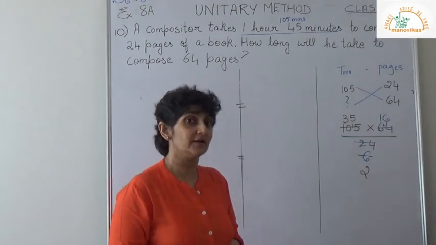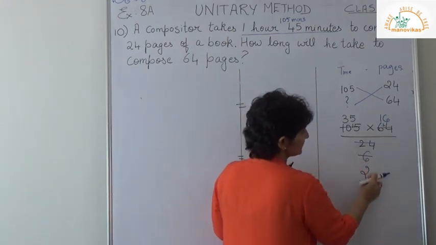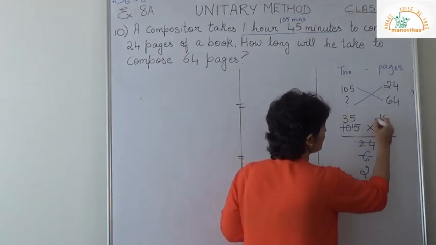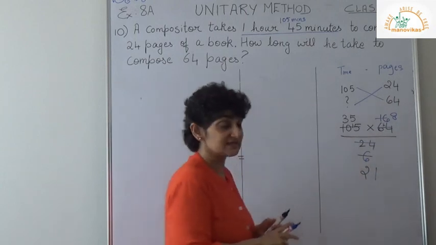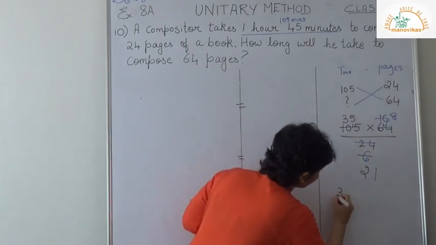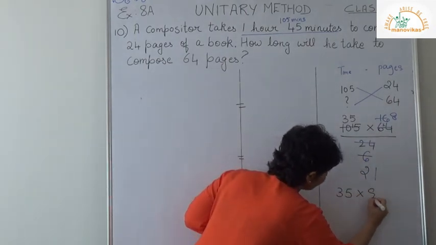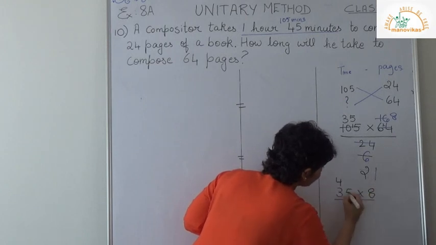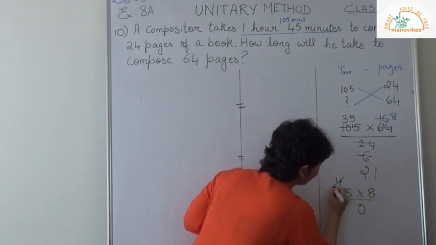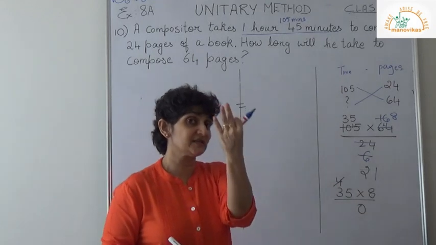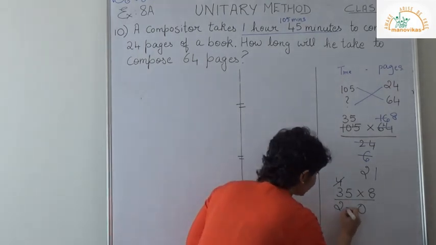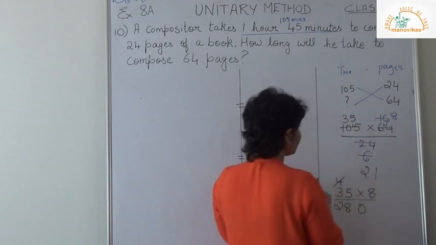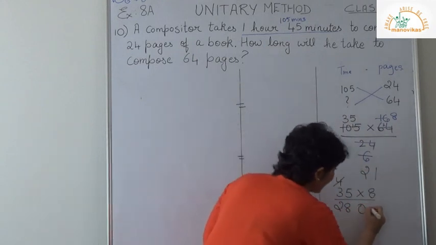I can still reduce it. 2 8s are 16. So I get 35 multiplied by 8. 8 5s are 40, 8 3s are 24, 25, 26, 27, 28. So I get 280 minutes.